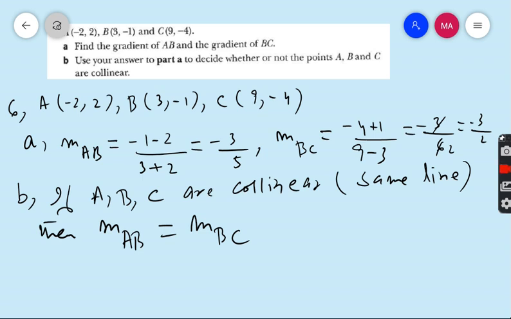If all the points lie on the same line, or you can say if all the points are collinear, then the gradient should be the same.